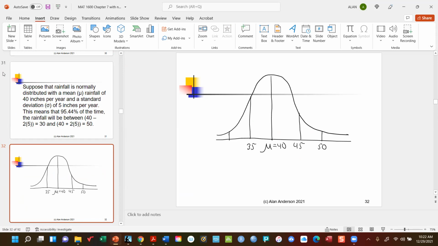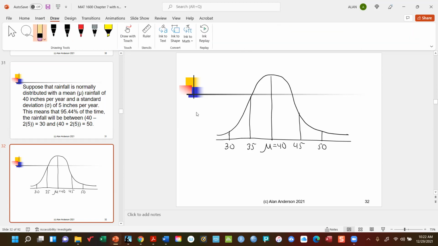So I'm choosing these values for a reason. All right, let me do this a little differently. Let me just write these numbers. What that implies is that this is the mean plus sigma.